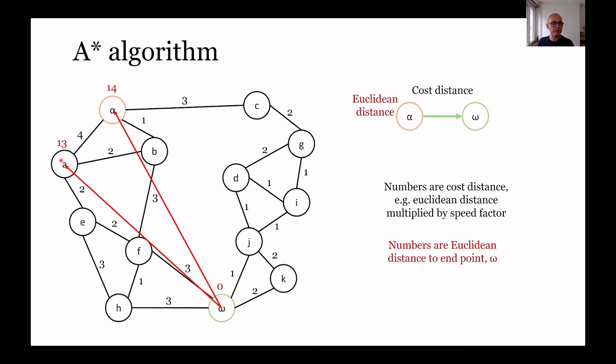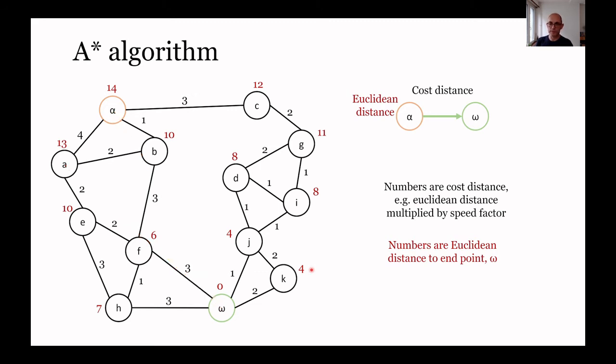So that's the distance as the crow flies, ignoring the network, just the straight line distance from node to node. We continue that over the entire network, and we can see that the closer the node is to our final destination, the lower this red value, the Euclidean distance from one node to the final destination node. So that's extra information that we can add in.